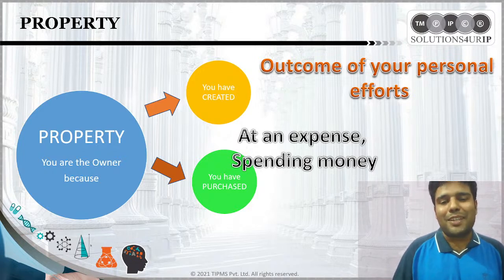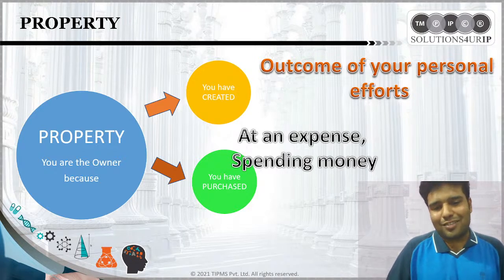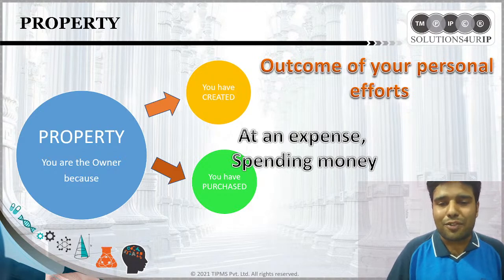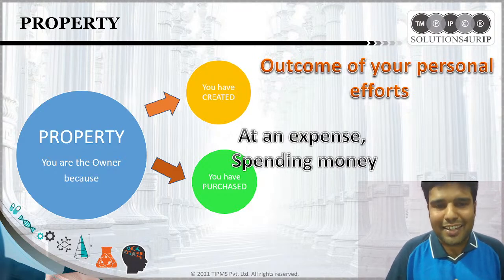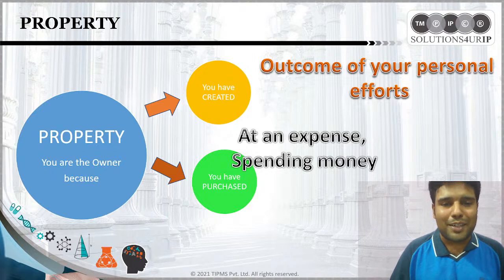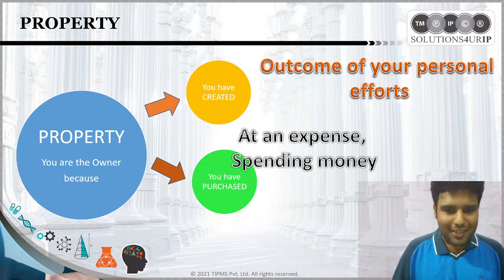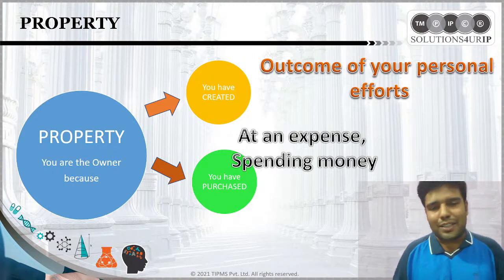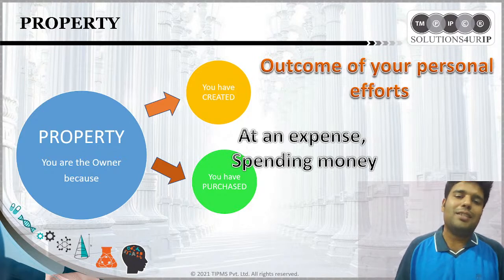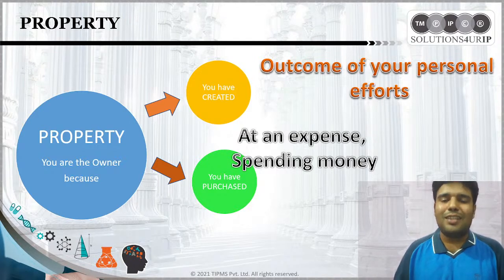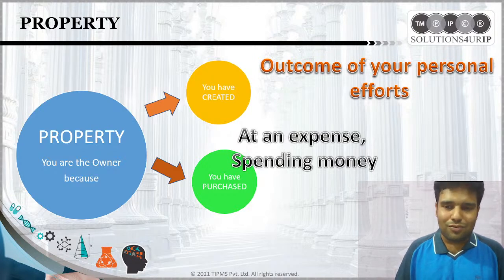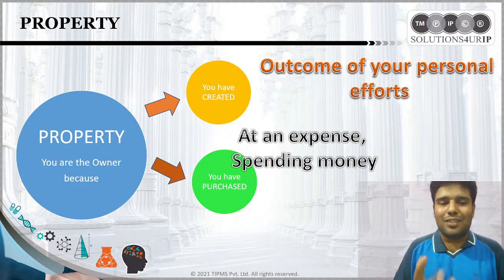If something has been created, or if you have purchased it at an expense of your spending money, then that particular thing becomes a property. This is the basic jurisprudence of property, right? So here either you create or you purchase, and in both the situations there is some expense from your side. What is that? Your skills and efforts.